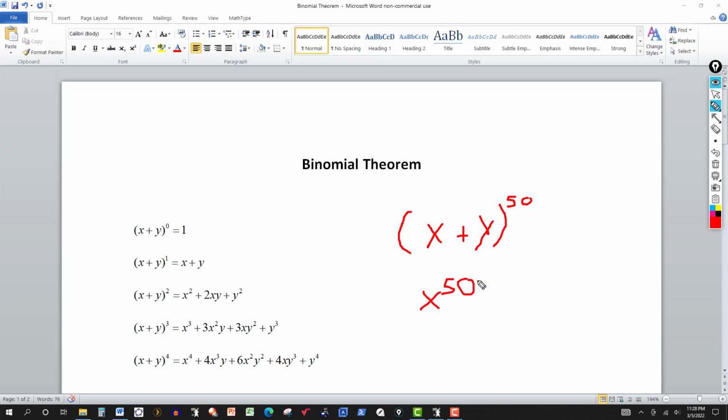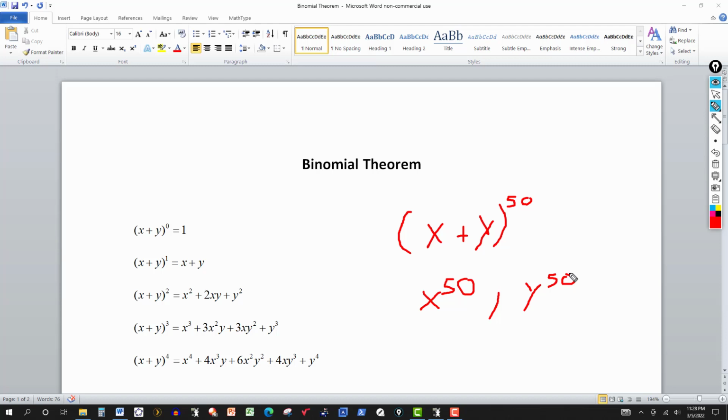If they ask you for the 51st term of this expansion, what's the 51st term? Well, 51st is just another way of saying the last term. So we already know that the last term is going to be the second term taken to that power, so that's going to be y to the 50th power.